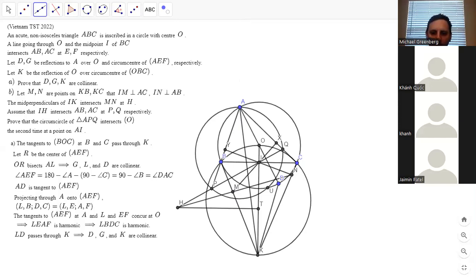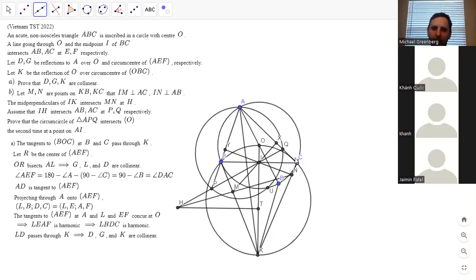So we need to prove that A, I, and U are collinear, which means we need to prove that I lies on the radical axis of APQ and circle O. So it is the same as showing IB times IC equals IP times IQ. Yes. Which means it is the same as saying that PQ is the anti-parallel line with respect to BC.